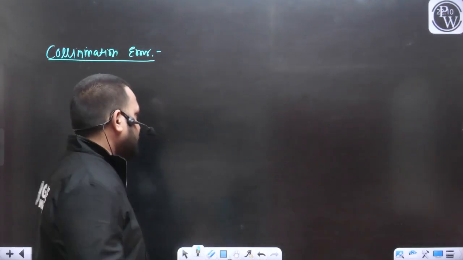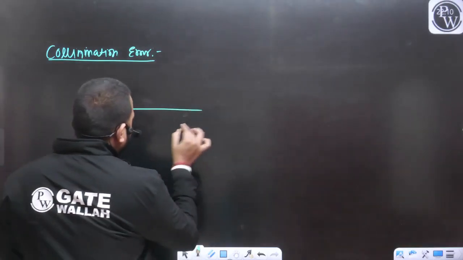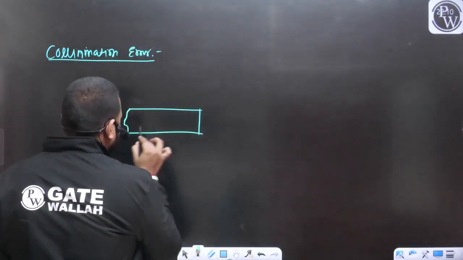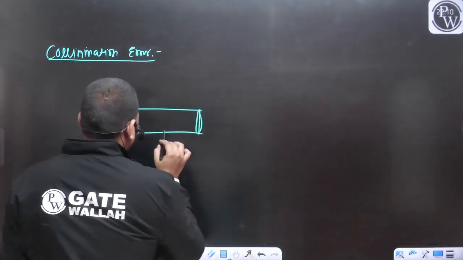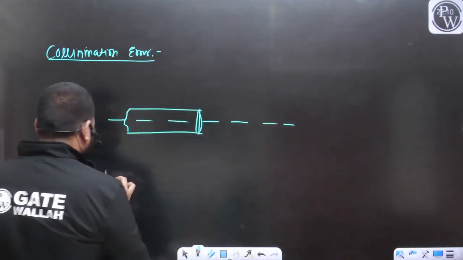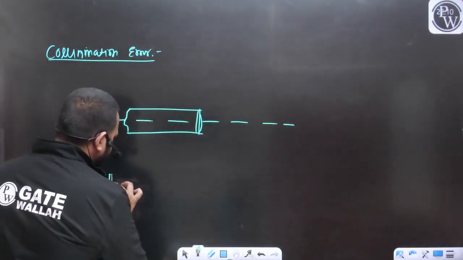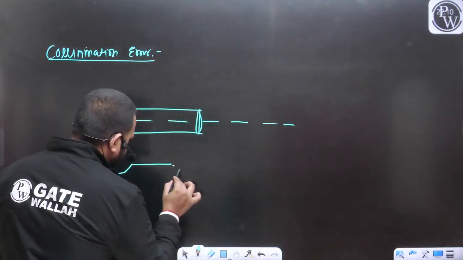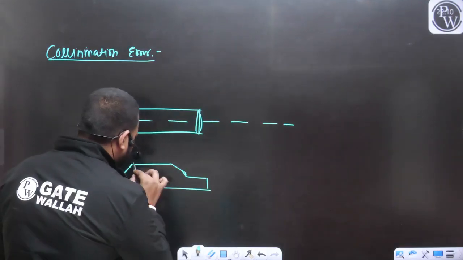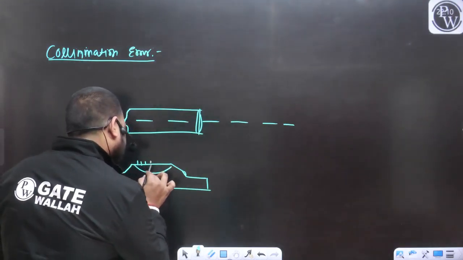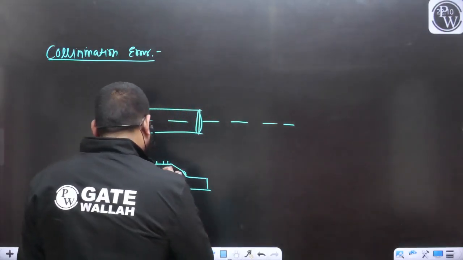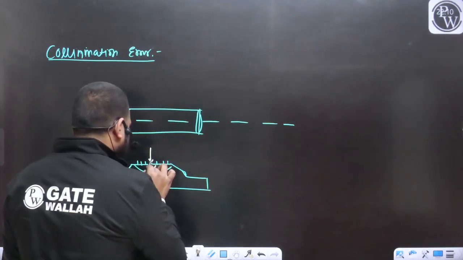For example, this was your telescope. Let's say this is your eyepiece and this is your objective piece. If this is perfectly horizontal, and you observe the bubble tube, let's say this was your bubble tube, you will see the bubble is at the center of this tube.